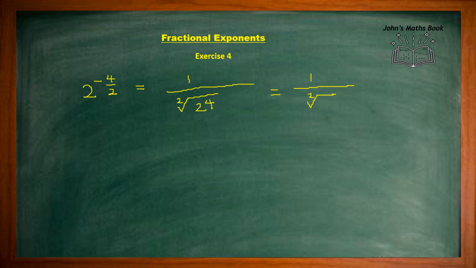So 2 to the power of 4 is 16, and this is the square root of 16. Now we know that 16 is a perfect square, so the square root of 16 is 4. So the answer is 1 divided by 4, which is a quarter.